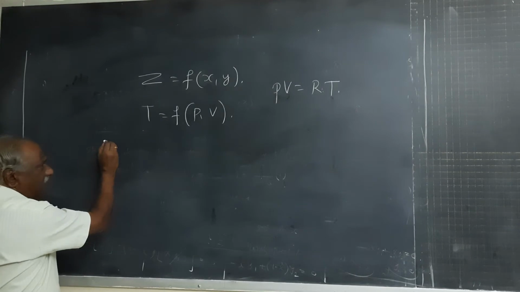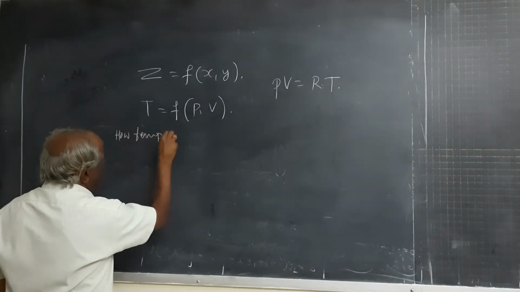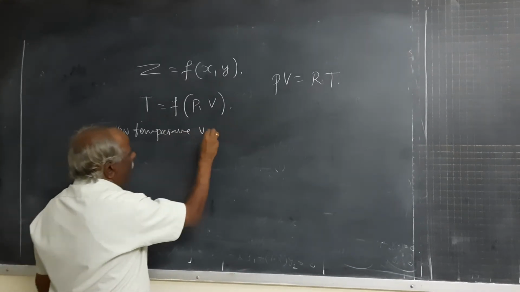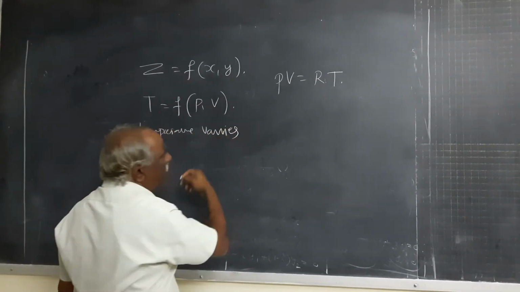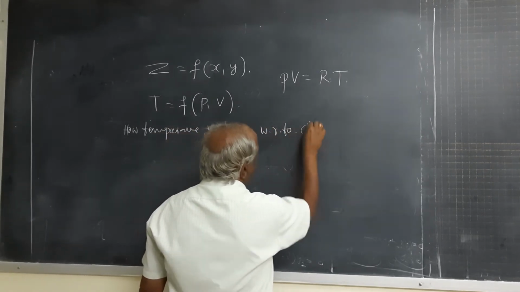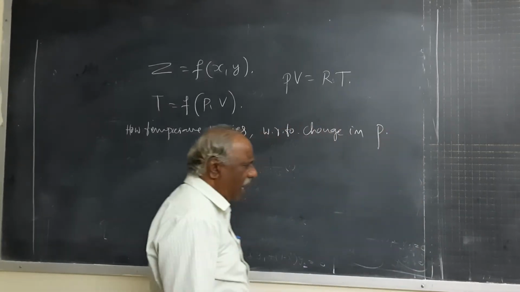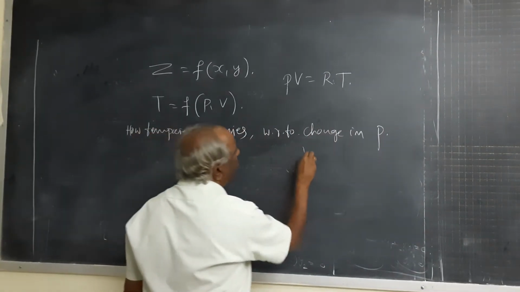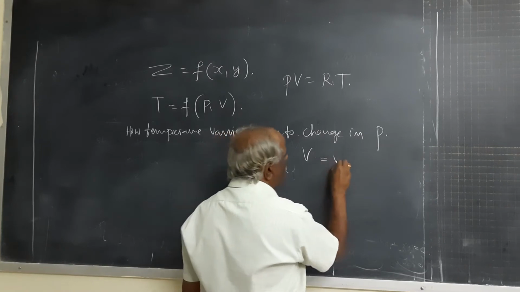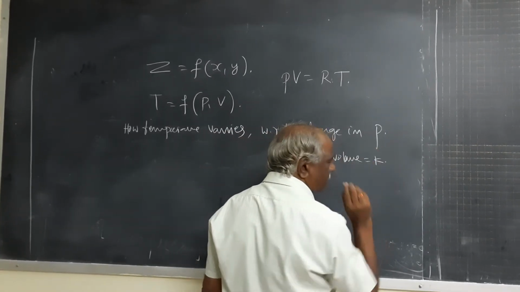I want to understand how temperature varies with respect to change in pressure P when I keep V, that is volume, as constant.